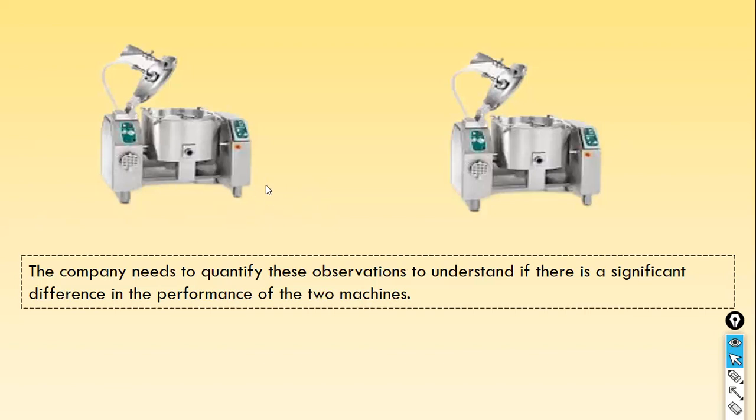So sometimes it fills 500, 503. When you take a few packets, you can see 500, 503, 510. And here also 500. But even this machine can overfill, underfill in some cases. So based on only a few observations, we cannot decide this machine is bad.